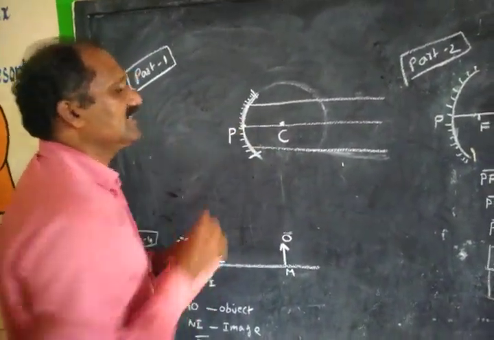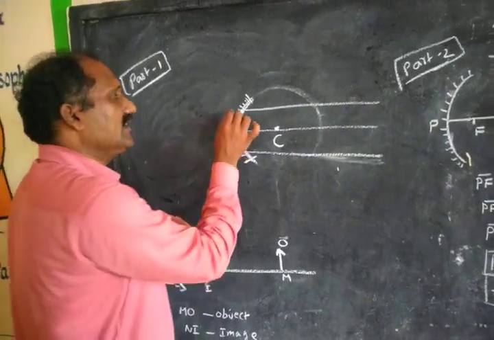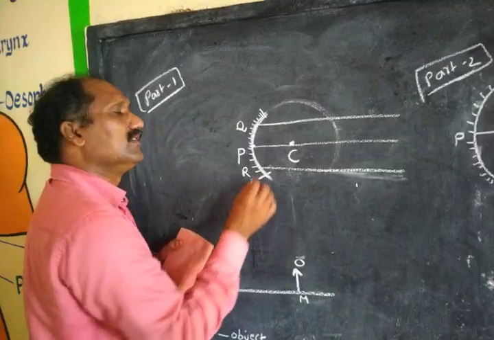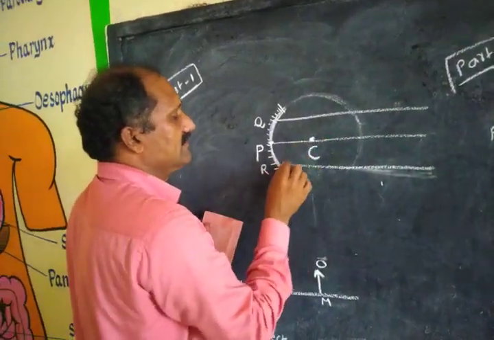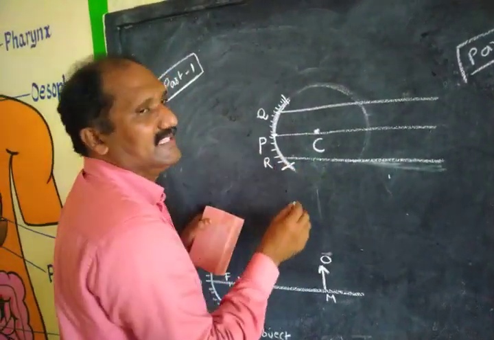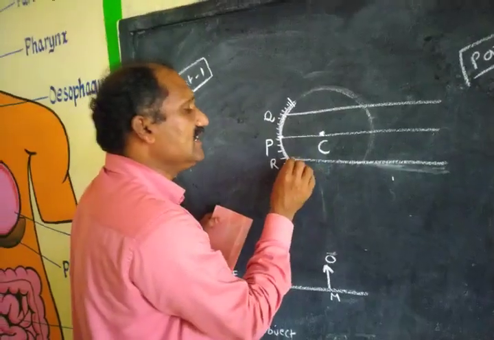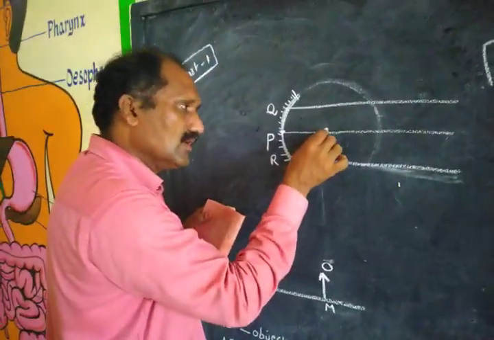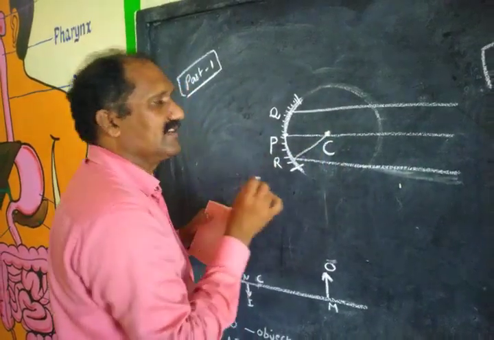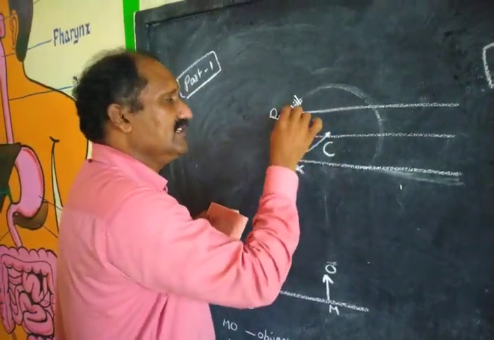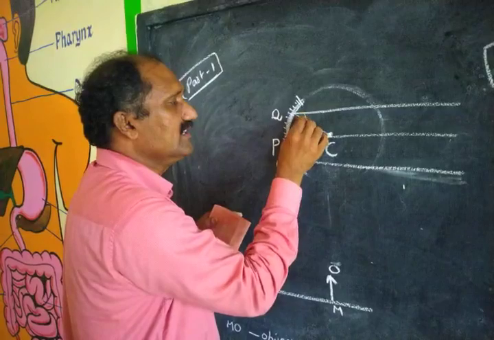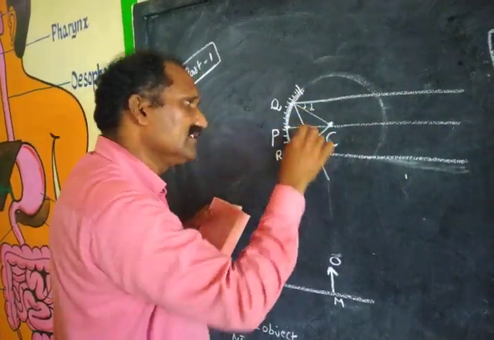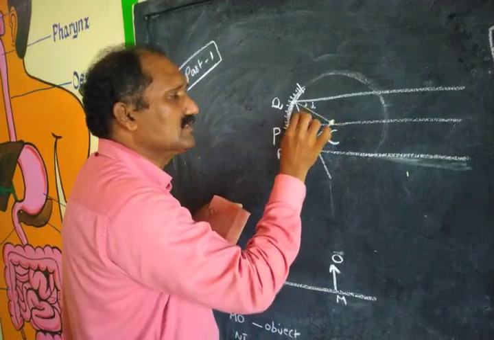When they are incident on this concave mirror at Q, P, R, they reflect in a way that the incident angle must be equal to the reflected angle. First, to know that, we have to draw the radii. Here is the radius, here is the incident angle I, and the reflected angle must also be equal to this I.